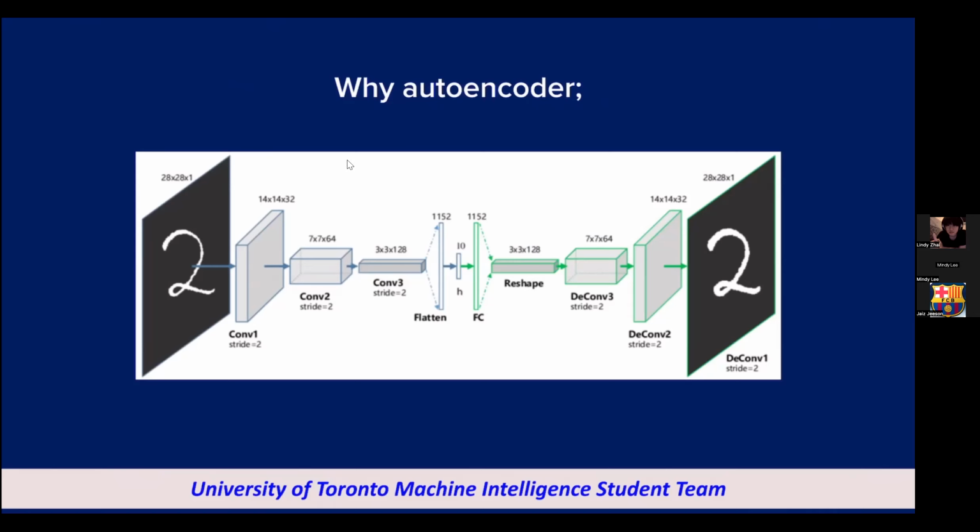This is a typical, so everything on the left side of the H, the latent space, everything before that was a typical convolutional neural network that we see. Yeah, there's really no difference between that, other than you can vary the dimension a little bit or do something else.